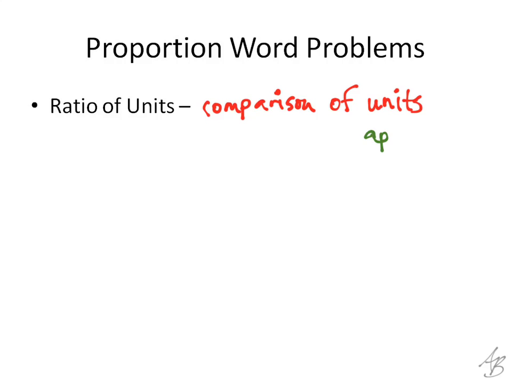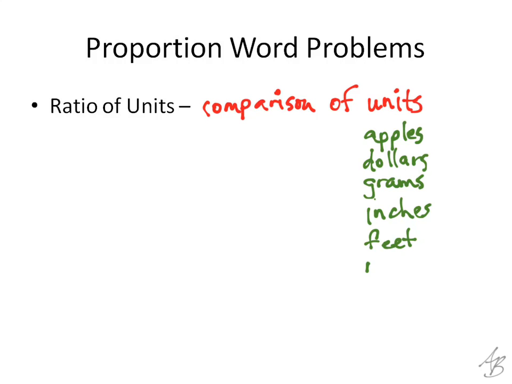I just gave you a couple here: apples, dollars. What's another one? Grams, inches, feet, miles, gallons. These are all units, right? They're ways that we measure how much of something we have.